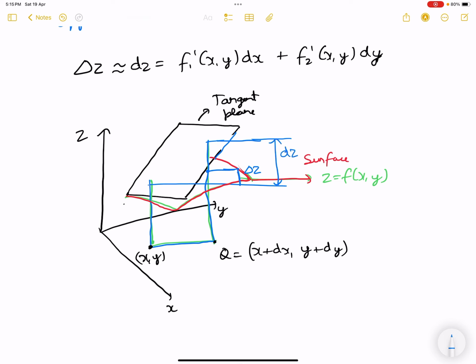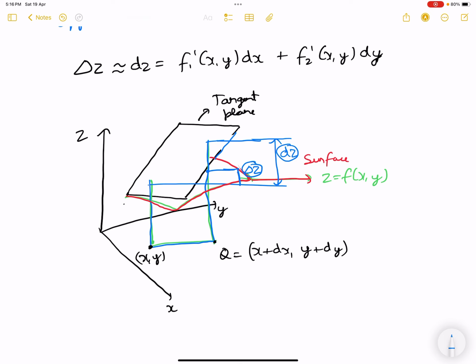So what that means is कि अगर जो हमारा एरर आ रहा है, क्योंकि we are replacing change in z by del z, और ये क्या हो रहा है, क्योंकि हम टेंजेंट प्लेन को फॉलो कर रहे हैं इंस्टेड ऑफ द कर्व.